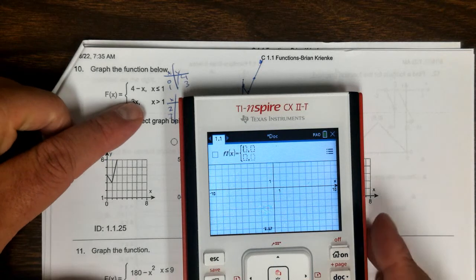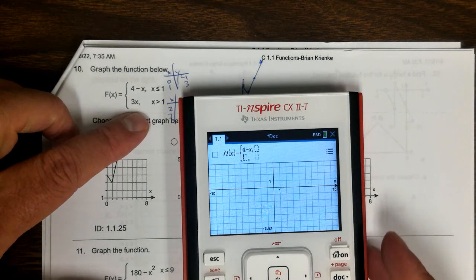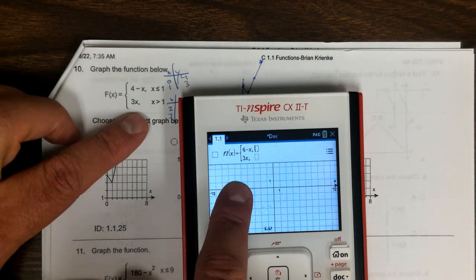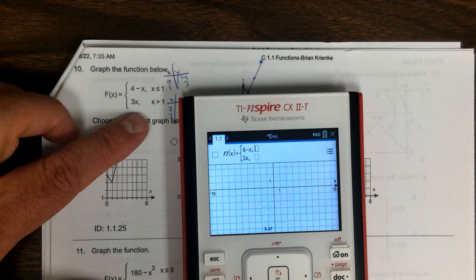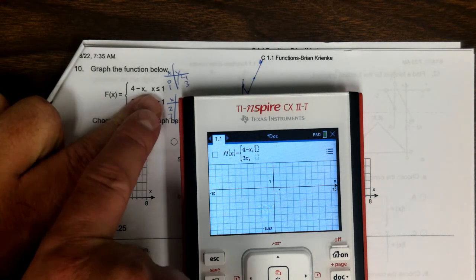So the expression is 4 minus x, the other expression is 3x. So that's your normal equation part, but then it's like the condition means where is that? So you have x less than or equal to 1.